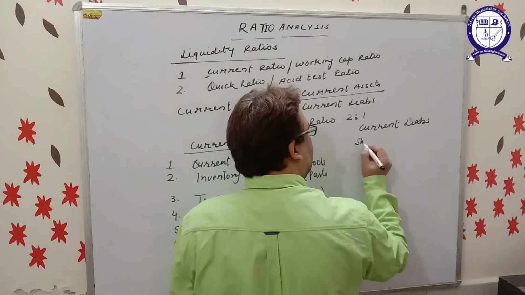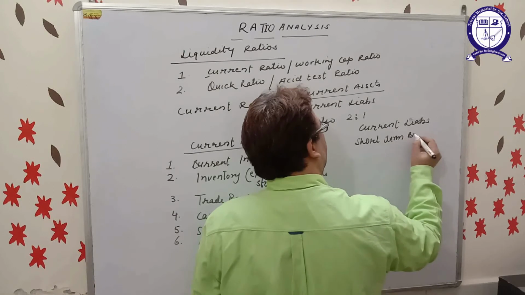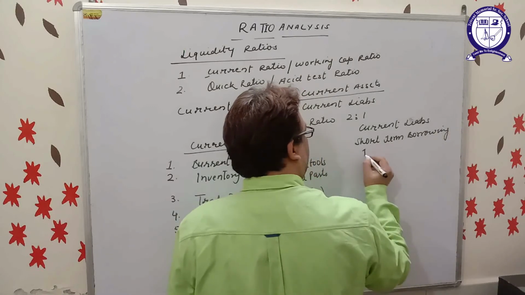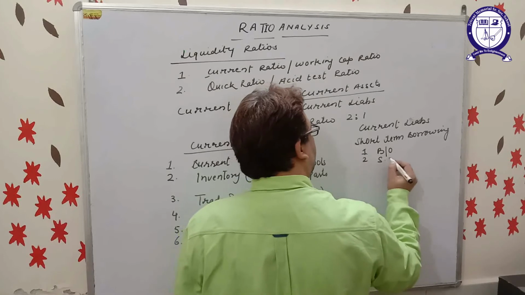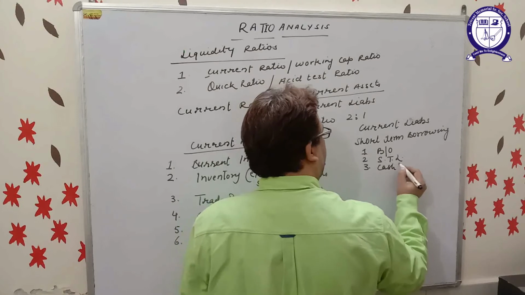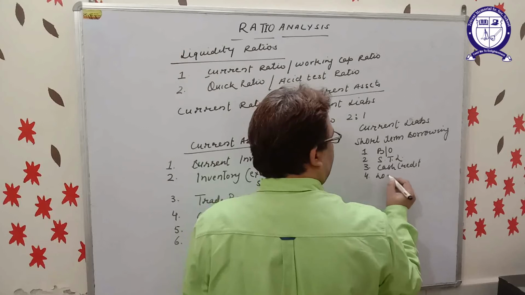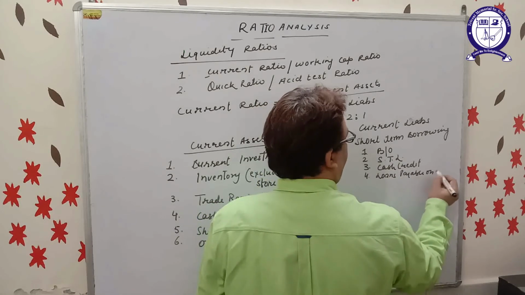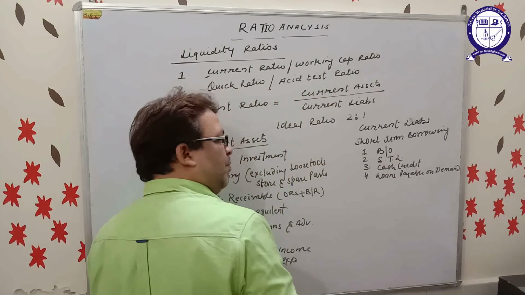Short-term borrowings: bank overdraft, short-term loan, cash credit, loans payable on demand. These four are short-term borrowings.